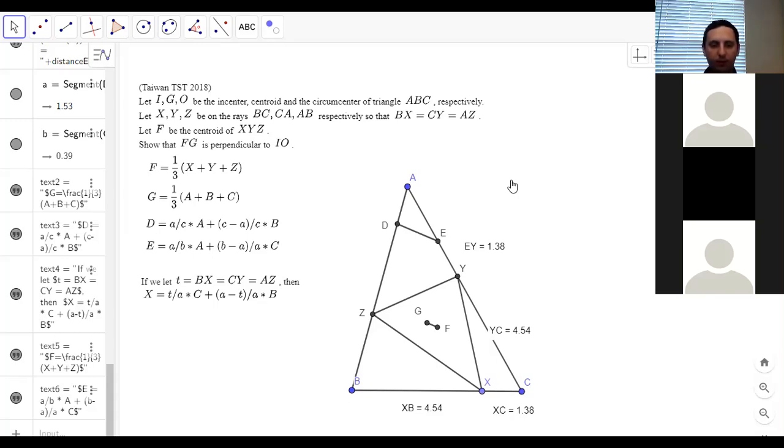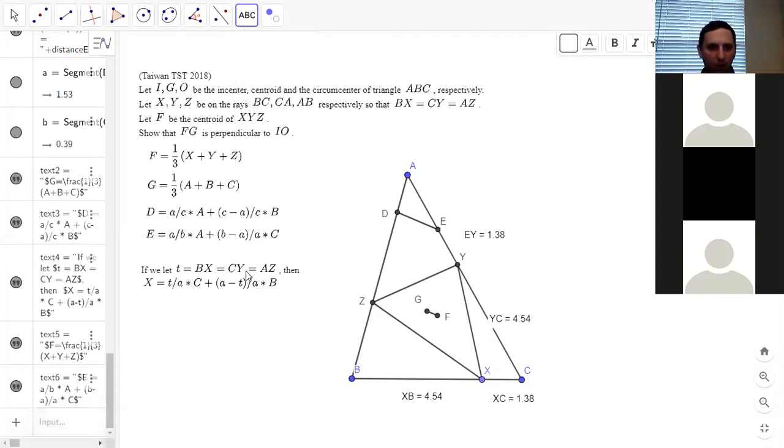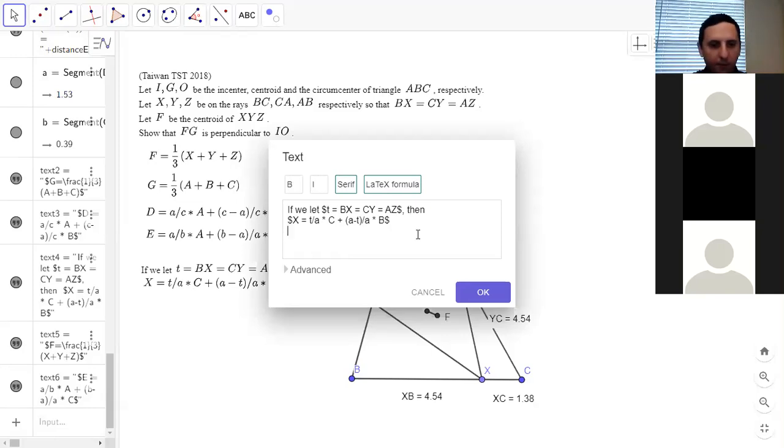So yeah, Y and Z are similar to X. So Y is T over B times A plus, so it would be B minus T over B times C. I think that should be right.